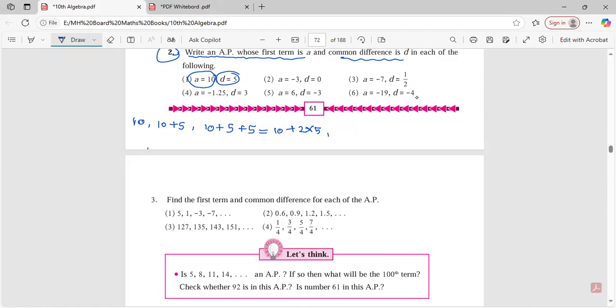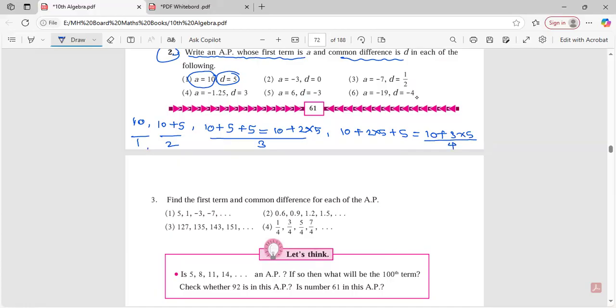This is the third term. Next, fourth term, it will be 10 plus 3 into 5, taking 5 common.